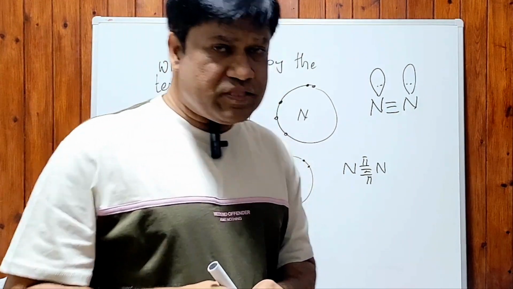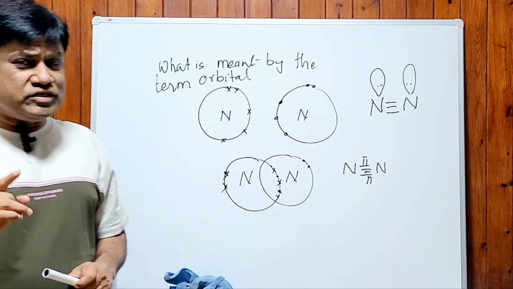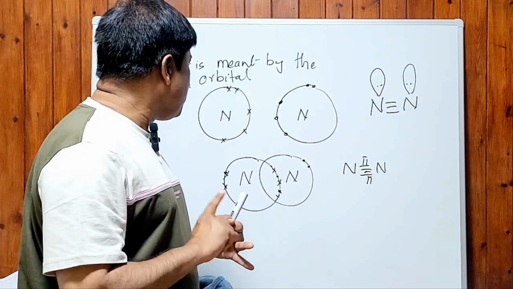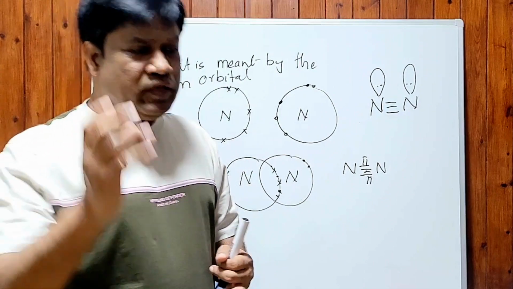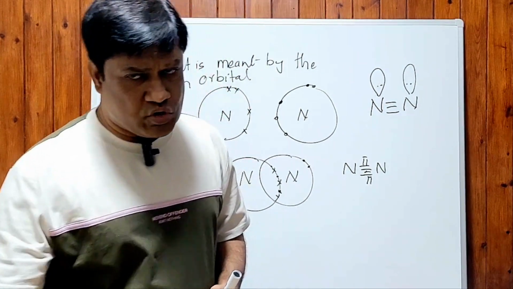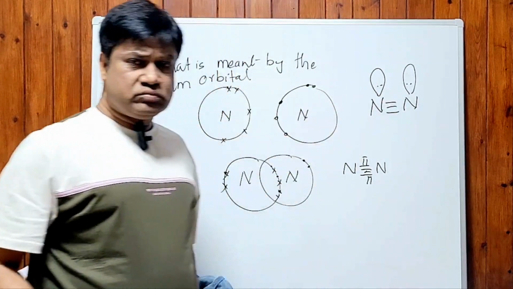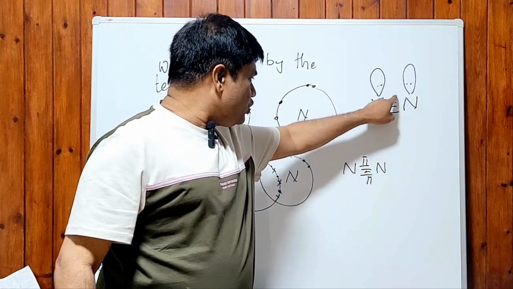Orbital is the space or region where the electrons are present. It's a GCSE 1 mark question, sometimes A level. What is meant by the term orbital? It is a space near the nucleus where the electrons are present. Now, a lone pair of electrons, 3 bonded pairs of electrons, 1 sigma bond, 2 pi bonds.